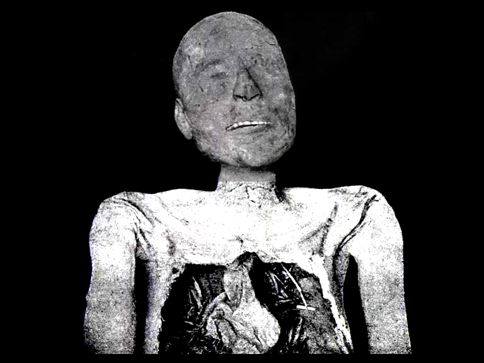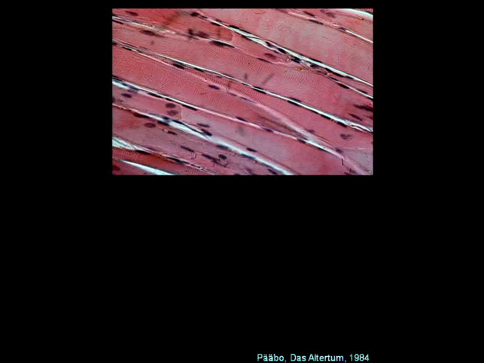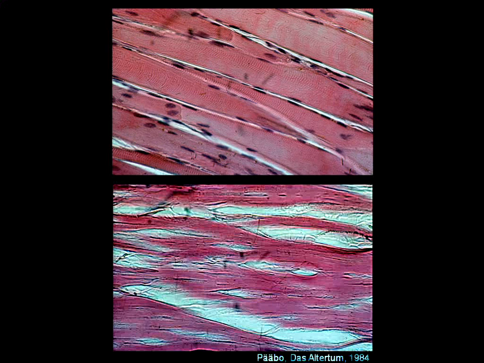But if you try to look in tissues from such remains, for example by microscopy, and compare a contemporary human muscle to a 3,000-year-old ancient Egyptian muscle, you will see it's a very depressing picture, actually. Here, the muscle fibers, cell nuclei where the DNA would be.